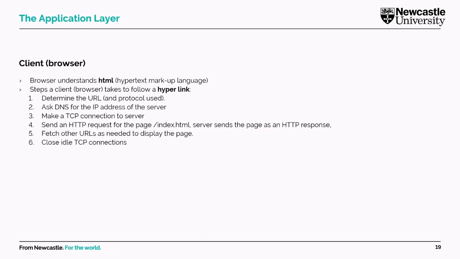Right, so let's look from the client's perspective. The browser understands HTML, which is short for hypertext markup language. Markup is a type of text language that decouples the formatting commands from the text itself.